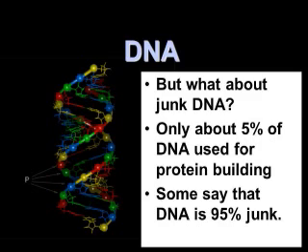And I can read you quotes out of this book and lots of other places from scientists who say those who believe in creation need to take a second look. Why would some God make DNA and it's 95% junk? Doesn't look like an evidence for God to me, they would say.